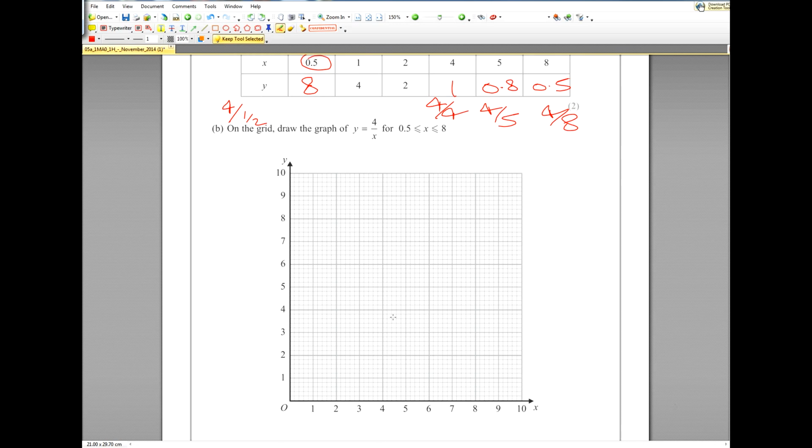So on the graph, we should have something like this. Number 1, sorry, 0.5 is, and number 1 is 4, and number 2 is, and number 4 is, and number 5 is, and number 8 is.